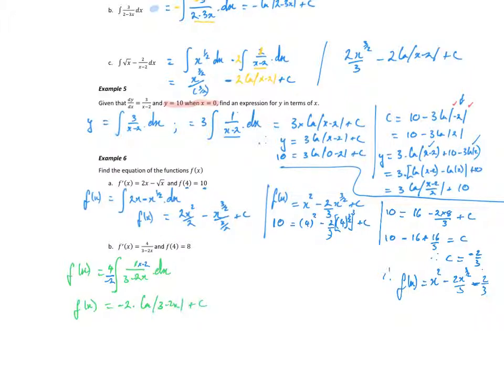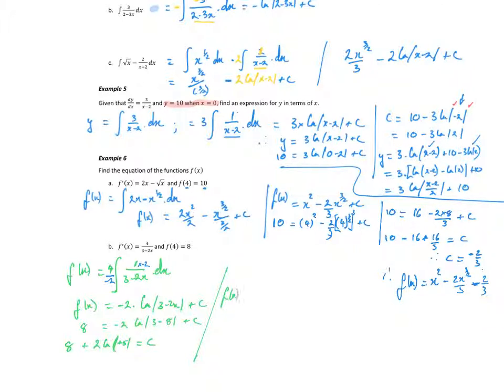So again, I've got f of 4 equals 8, so that means 8 is equal to -2 times natural log of 3 minus 8 plus some constant c. So 8 plus 2 natural log, again, it says -5, but because we're doing a modulus sign, we can make it +5. That's equal to c.